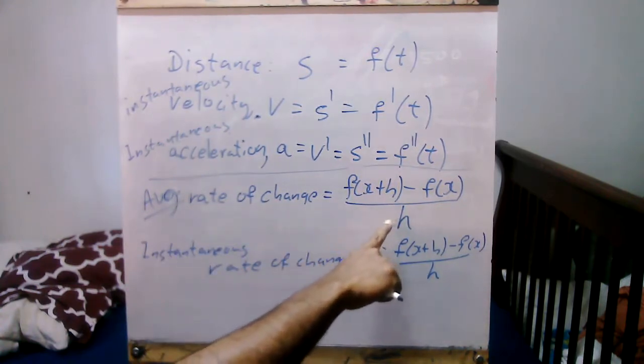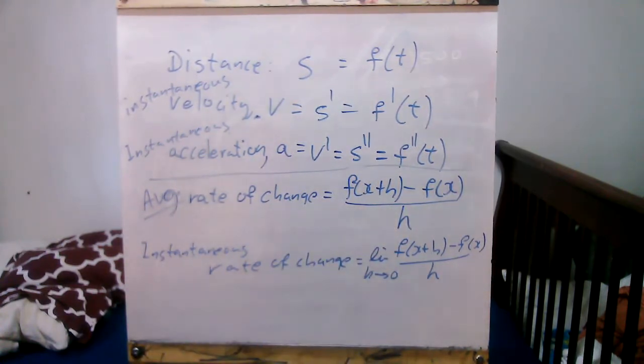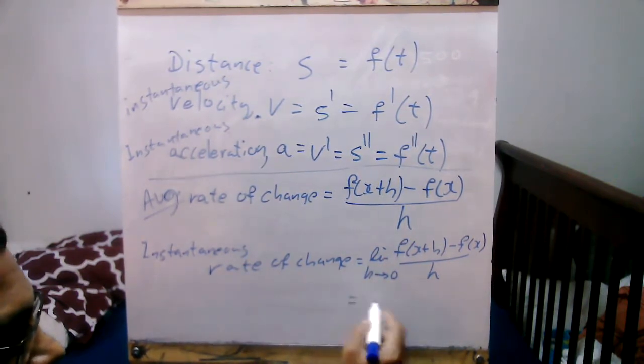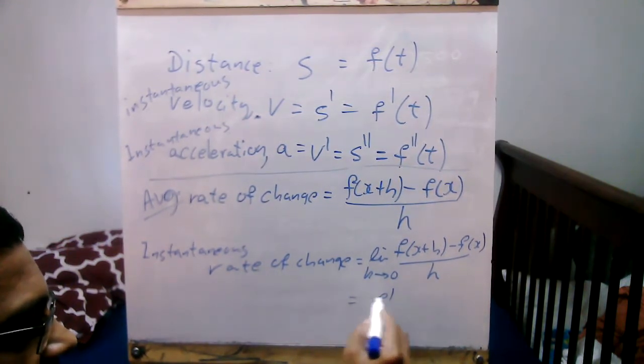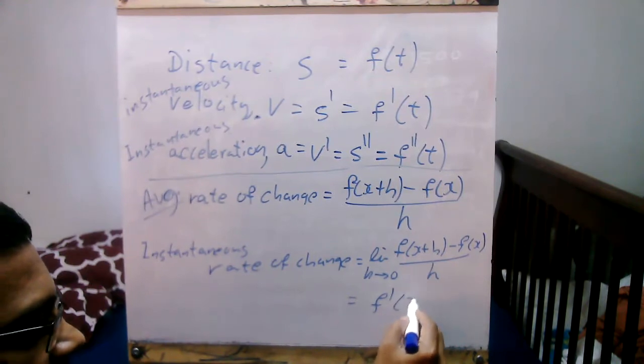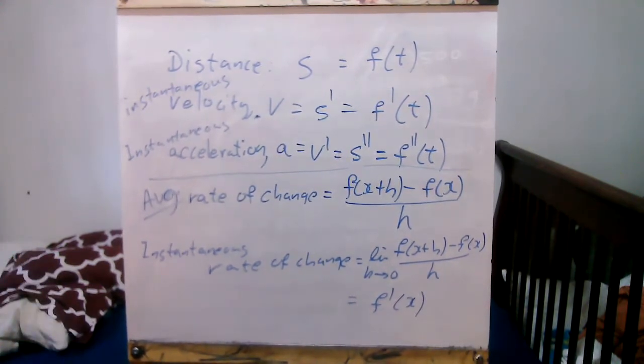Average rate of change is this, instantaneous rate of change is this. This is the same as f dash x, the derivative of f of x. Alright, now let's do an example.